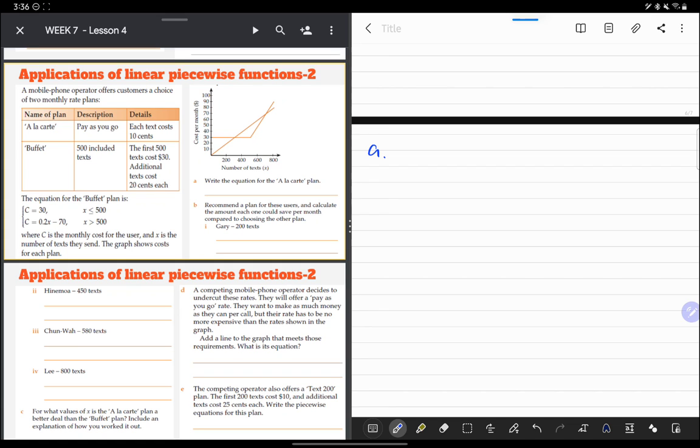Now, the graph is already drawn for us. If it's simply 10 cents per text, that's a linear graph. Oh, the cost is in dollars, so we can't say 10.